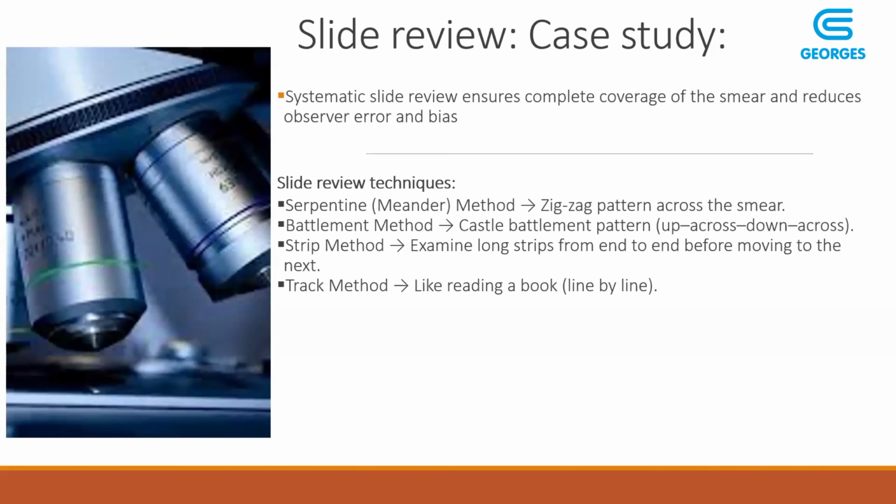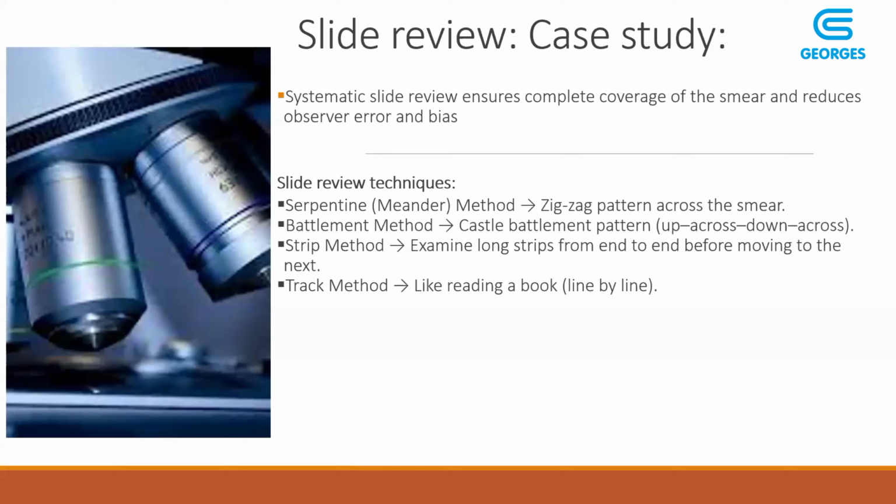And then we have the strip method, where the slide is examined on a long strip from end to end before moving to the next strip. And then we have the track method. It is like reading a book, almost similar to the strip method, where you read the slide line by line.